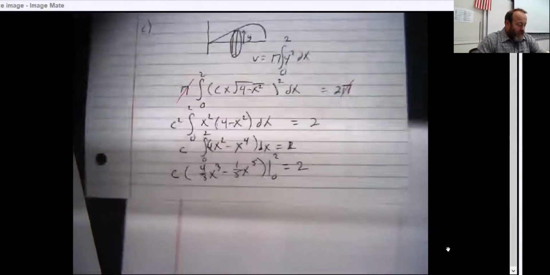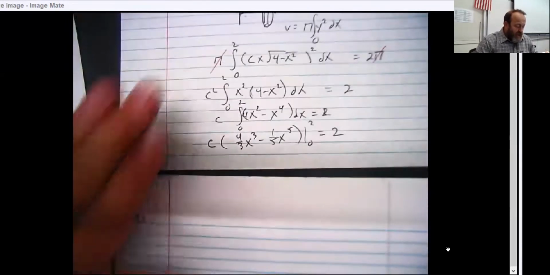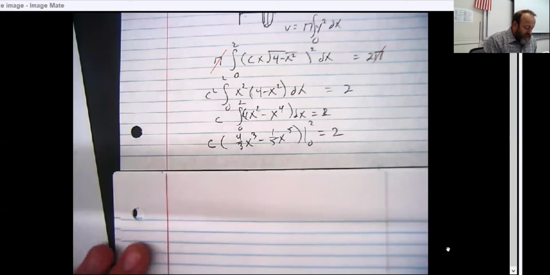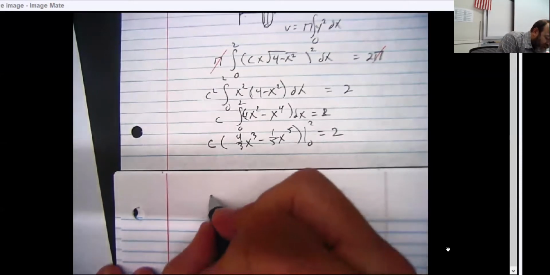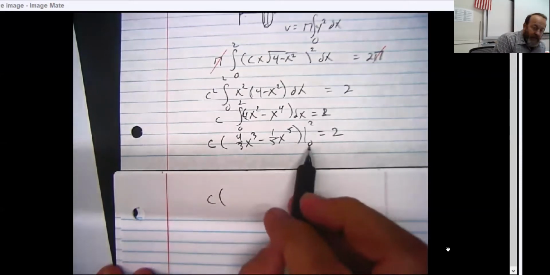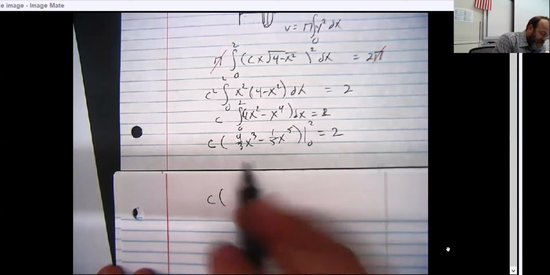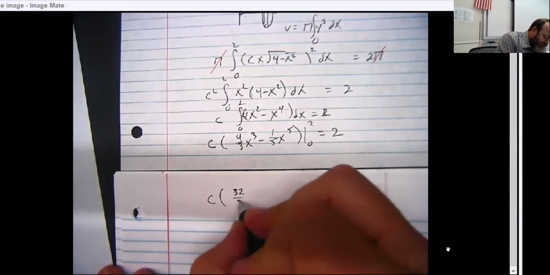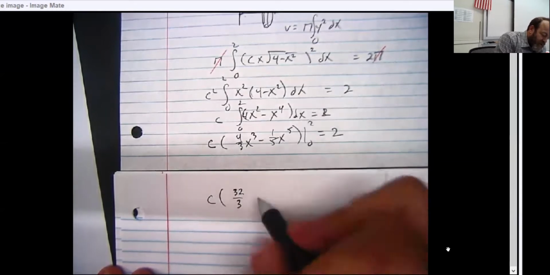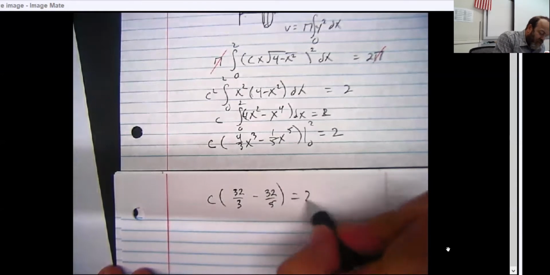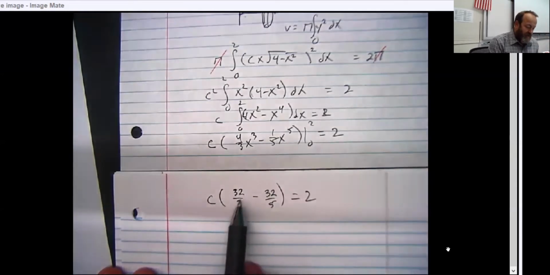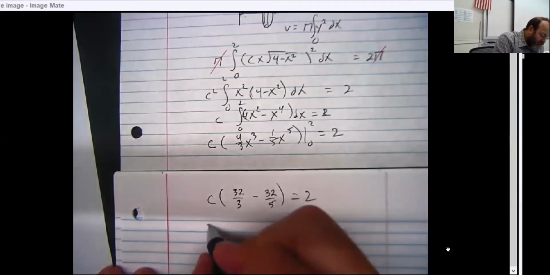Now, this looks like it might be a bit of a challenge to get all the way there, but of course, plugging in 0 is going to be trivial. 2 to the 3rd is 8 times 4 is 32. 2 to the 5th is 32. Pretty sure they did that very much on purpose, because you're going to notice that I could factor the 32 out of the 2 tops.